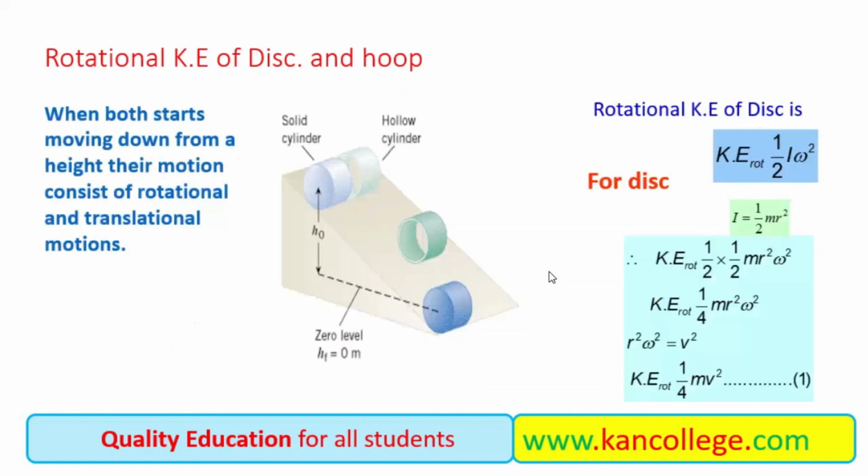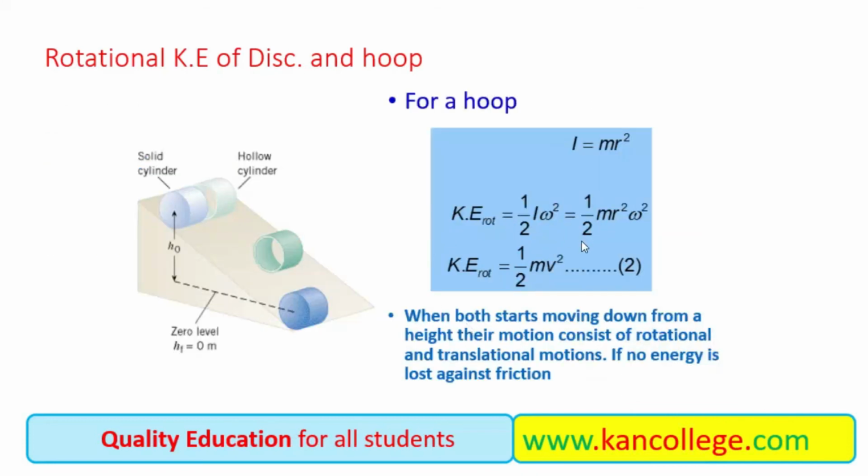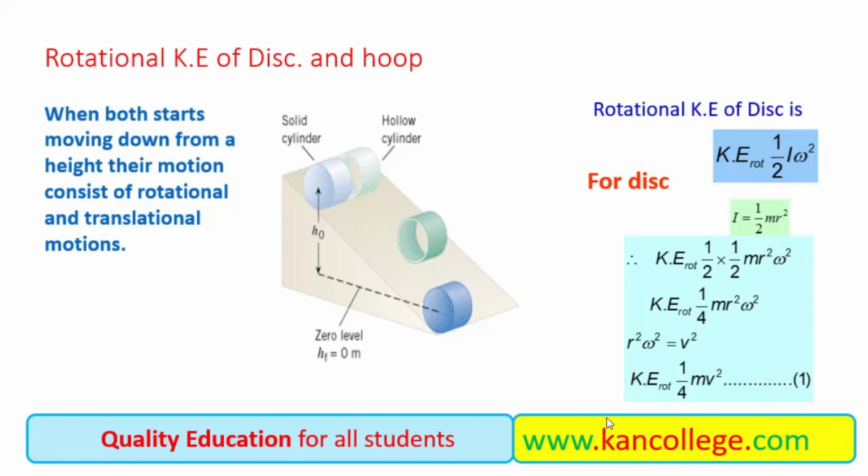You see, in the case of the disk, the rotational kinetic energy is less than in the case of the hoop. For the hoop it is half m v squared, while for the disk it is one over four m v squared.